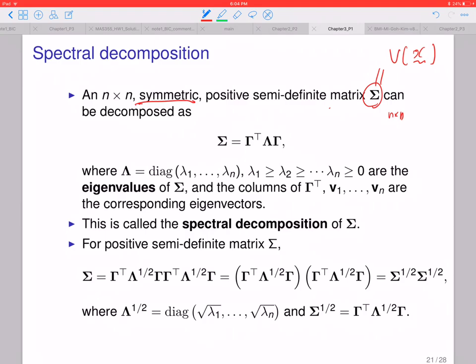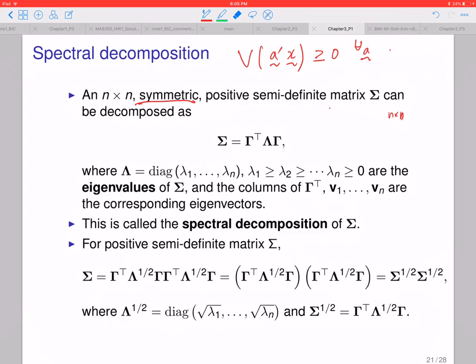In this case it is also positive definite, in the sense that if you consider this random variable, this should be non-negative for all a, so it is non-negative definite.